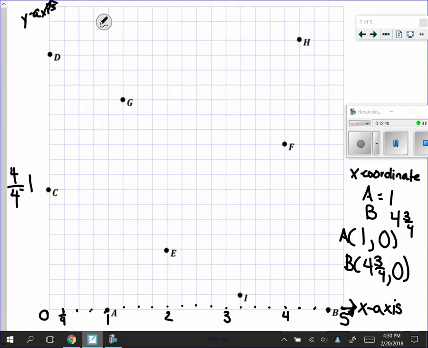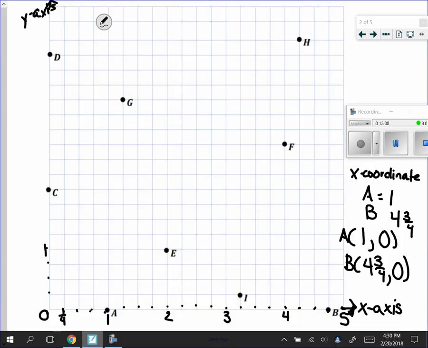We also need to label our units going up on the y-axis. Each square, again, is 1/4. So if we go 1, 2, 3, 4, this is 1.